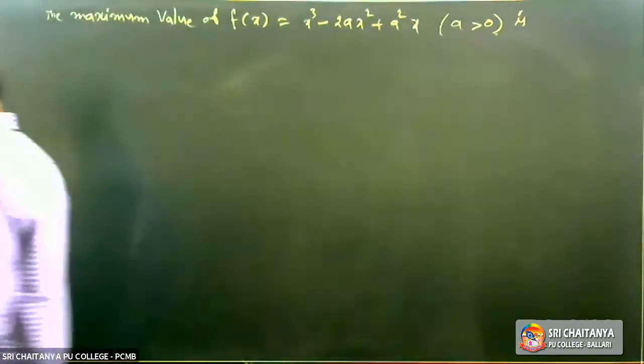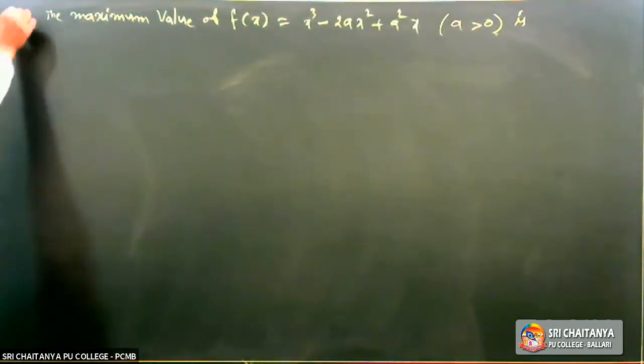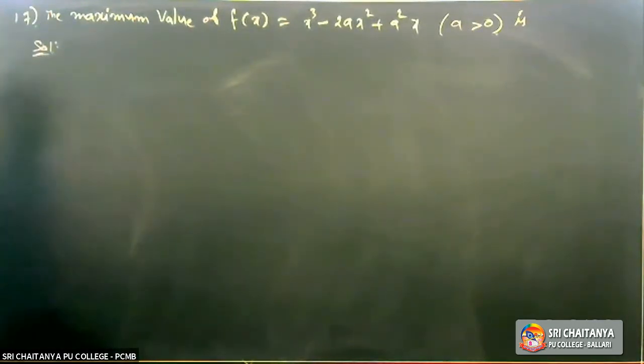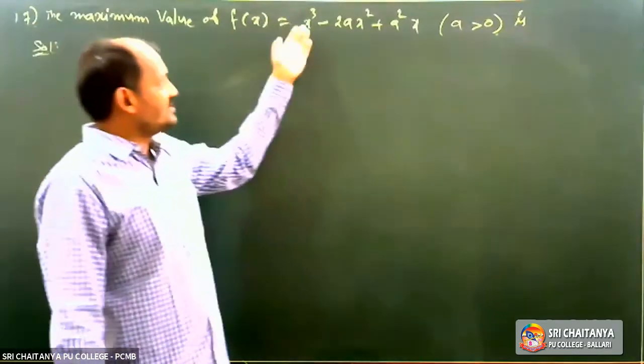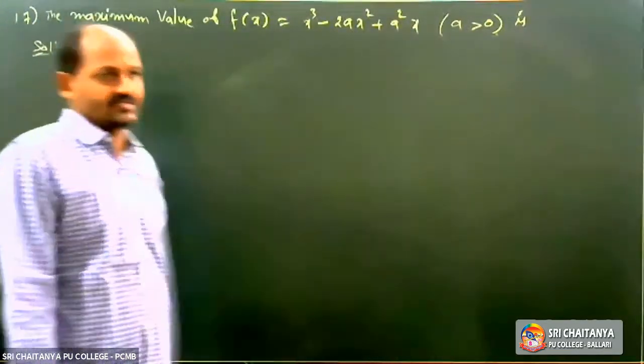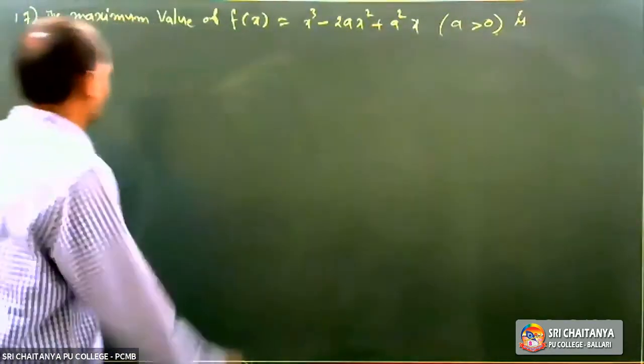Find the maximum value of the function f of x equal to x cube minus 2ax square plus a square x, where a is greater than 0.